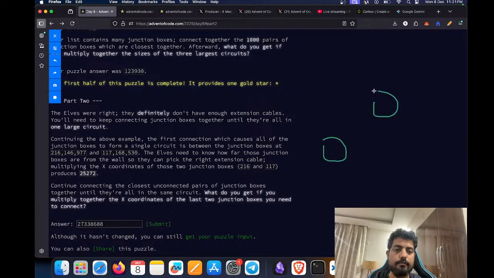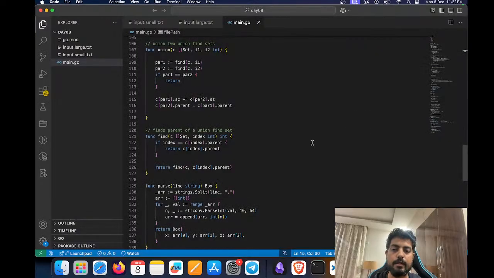So let's say that we have three elements here. The parent of this is the second element, and the parent of the second element is the first element. Then while iterating, we can also have this backtracking thing maybe, where we assign the parent to this one directly. So instead of going through all this long length when we are calling this function again, we are doing only one single hop, which will be faster.